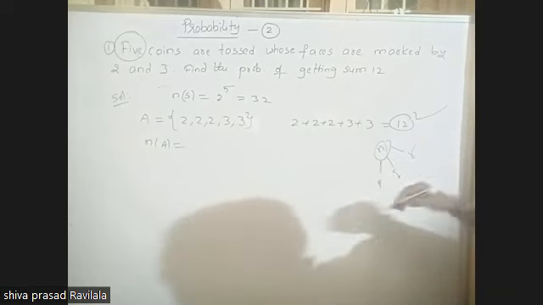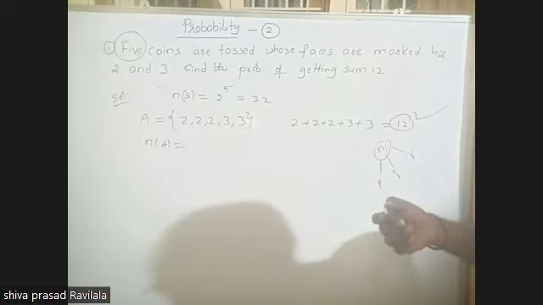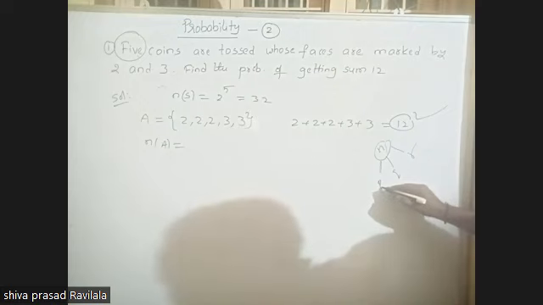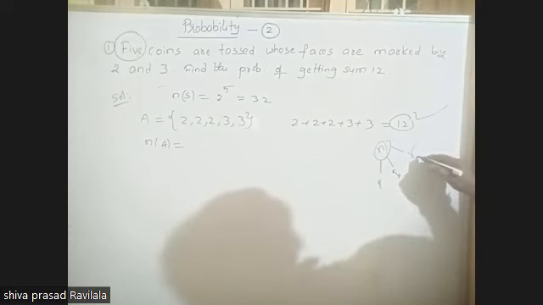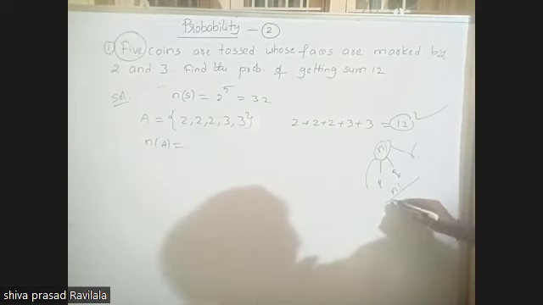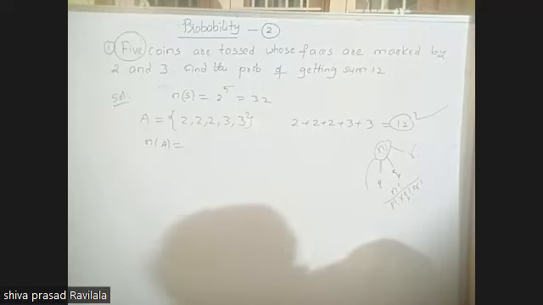For example, in mathematics, how many times M is repeated, T repeated, A repeated. P times the first letter or first number, and Q times the second one, R times the third. Then the number of permutations is equal to N factorial by P factorial into Q factorial into R factorial. This is the number of ways of arranging alike things.